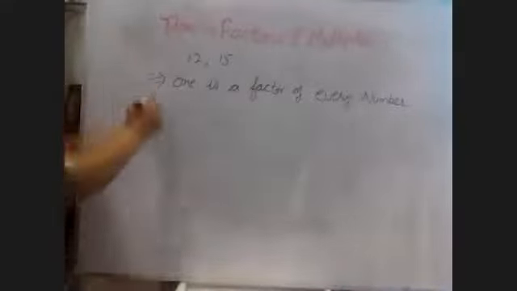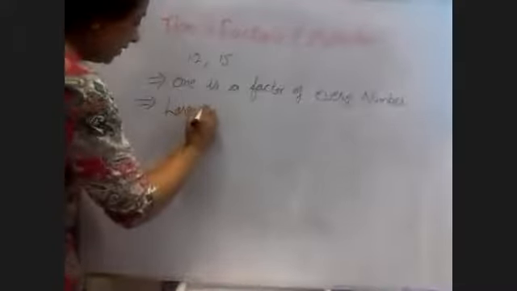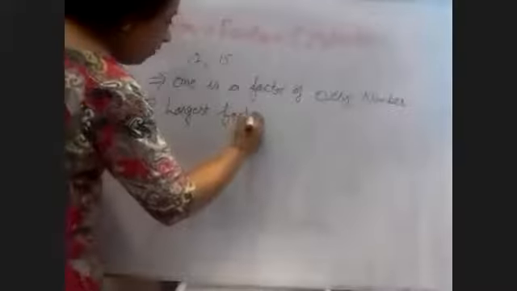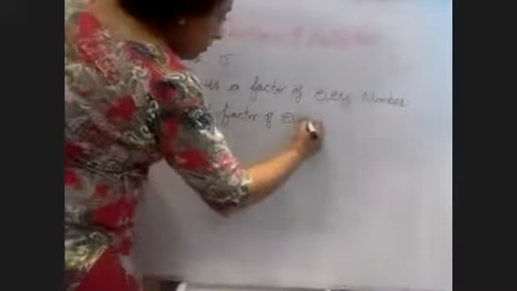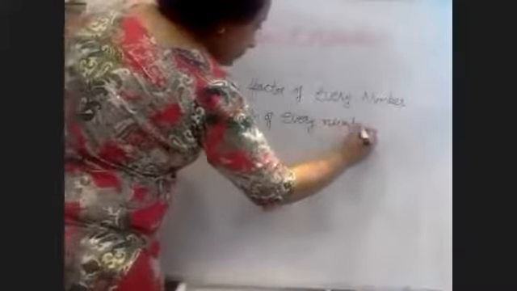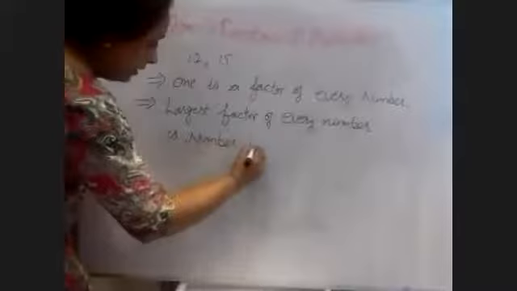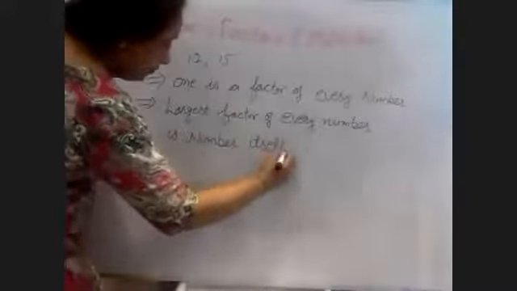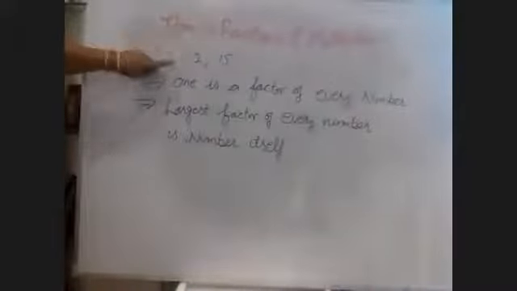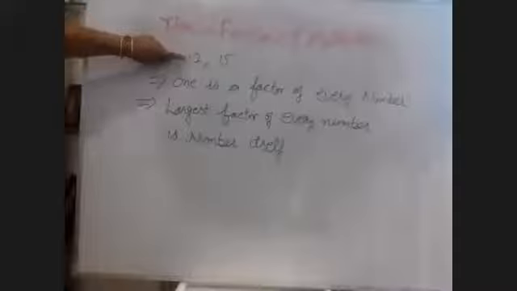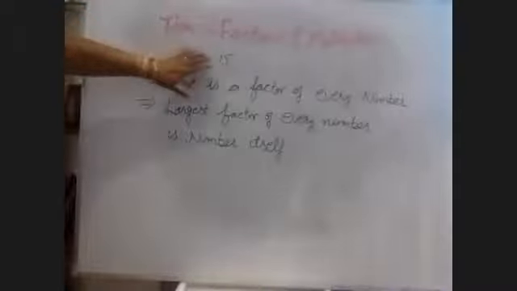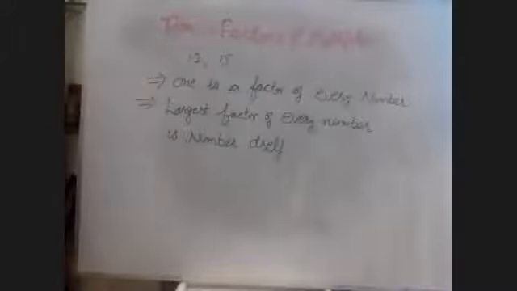So students, the largest factor of every number is the number itself. 12 is the largest factor of 12, and 15 is the largest factor of 15. Clear, students?